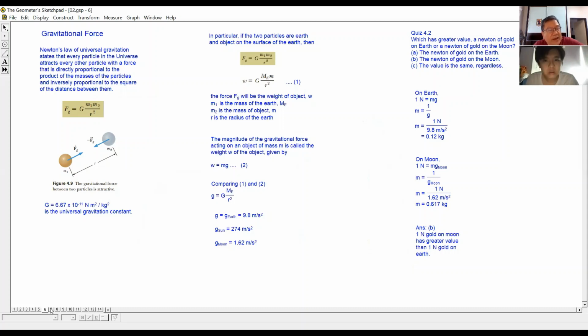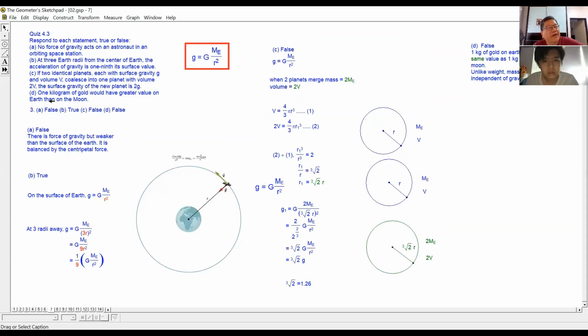So the weight depends on the gravity, but the mass, no. So the statement that 1 kilogram of gold would have greater value on Earth than on the Moon is false. Both of them have the same value. 1 kilogram of gold on Earth has the same value as 1 kilogram of gold on the Moon. It is not like the weight. It does not depend on the gravity.